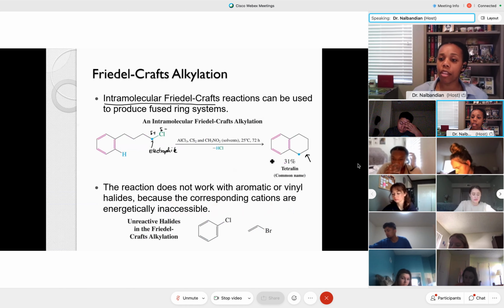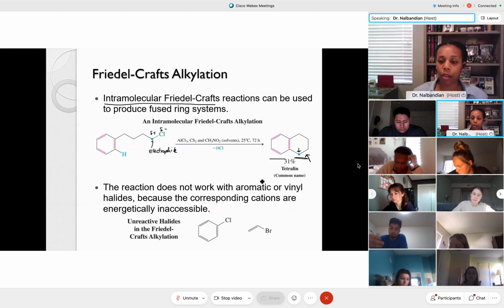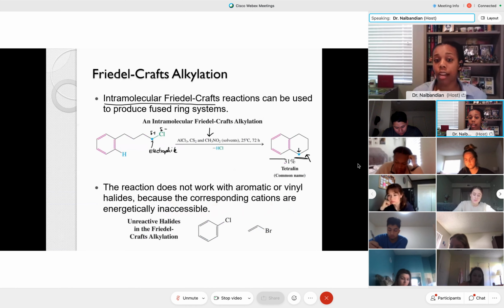We have a benzene ring fused with this alkyl chain because we could make a 6-membered ring on the side of that benzene ring. So they're showing you this blue dot carbon. That's the carbon that was the electrophile. That ends up directly bonded to the benzene ring. Now, don't worry about this stuff over the arrow. They're just giving you the specifics for the solvents here for this specific reaction.